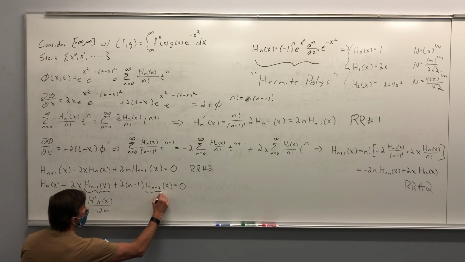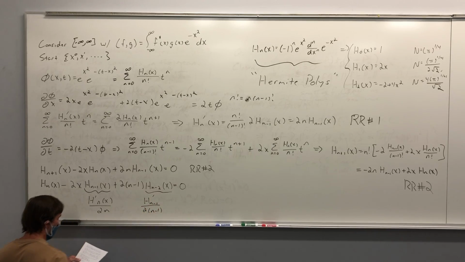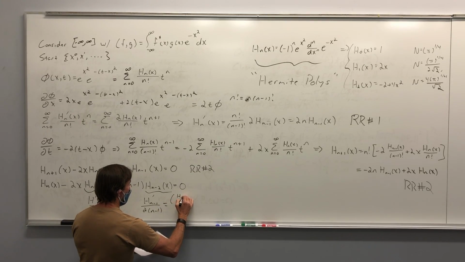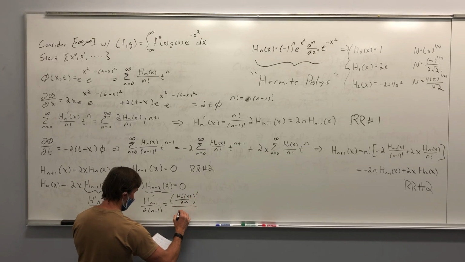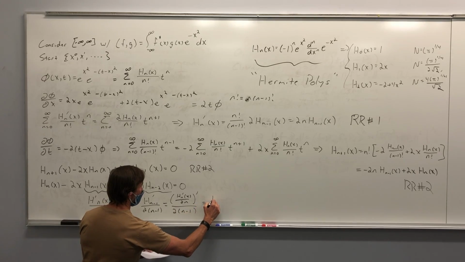And then I can take this hn minus 2 and replace it with hn minus 1 prime over 2 times (n minus 1), which of course is just hn prime of x over 2n, totally primed, to n minus 1, which is just the second derivative.